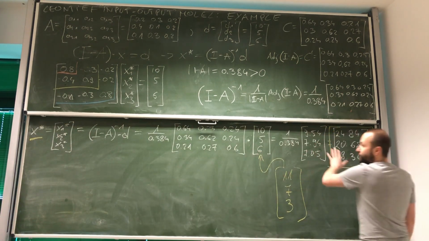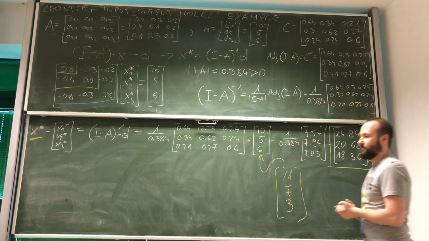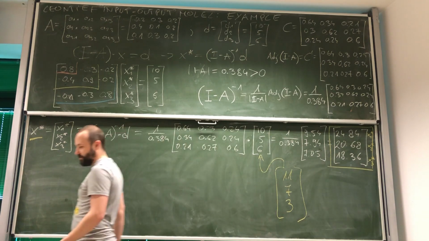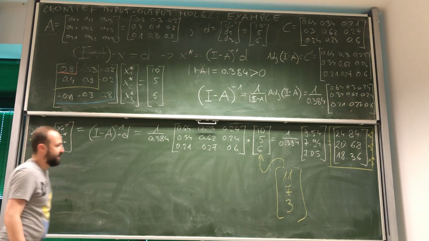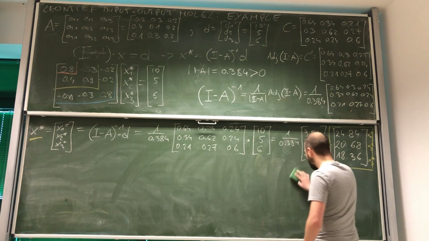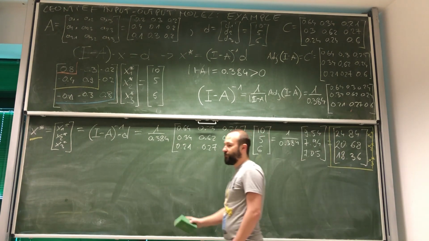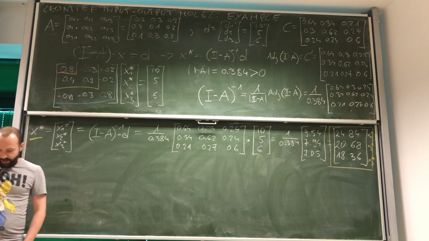Okay, so now that you know how to solve it, there is one last question that remains unanswered in our examples. So, how much output is going for primary inputs? Okay, and look.